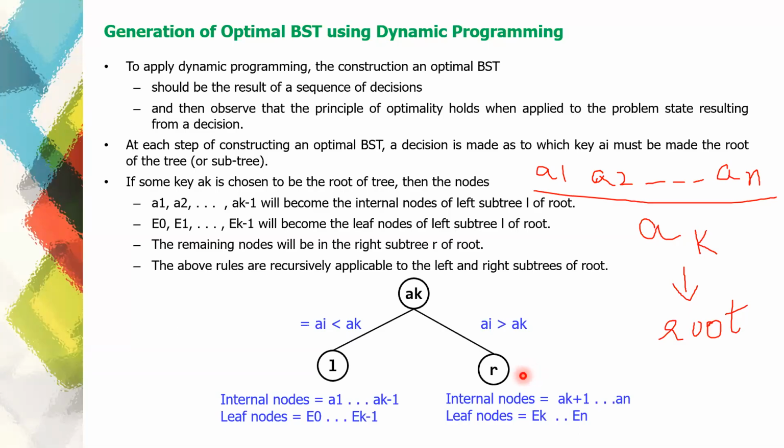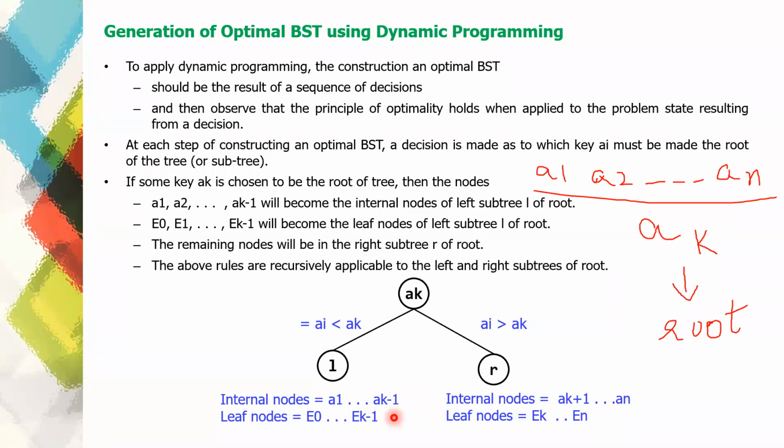This is the property of the BST. If the parent is AK, all the values less than AK will be in the left subtree. All the values greater than AK will be in the right subtree. This is the property of the BST itself. So if I have made a decision that AK is selected to be the root, then all the values less than AK will get into the left subtree. What are all the values that are less than AK? Less than AK are A1 to AK minus 1.